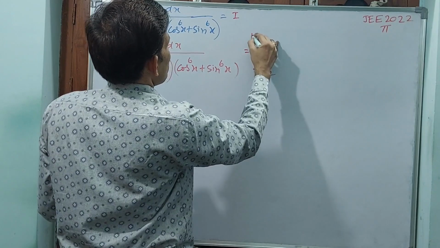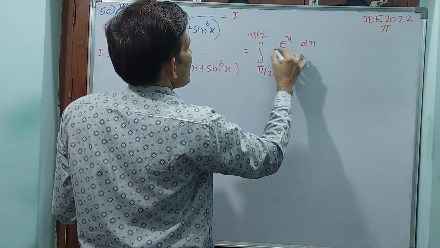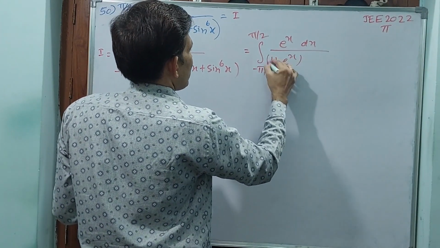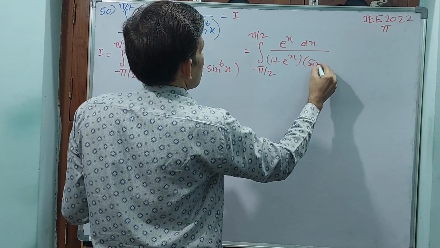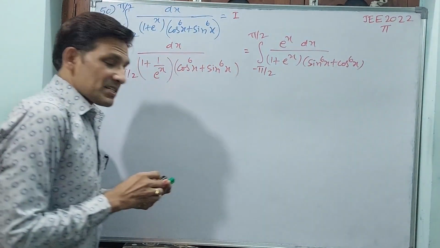Minus pi by 2 to plus pi by 2 e power x dx by (1 plus e power x) into (sin to the power of 6x plus cos to the power of 6x). Okay, understand this?